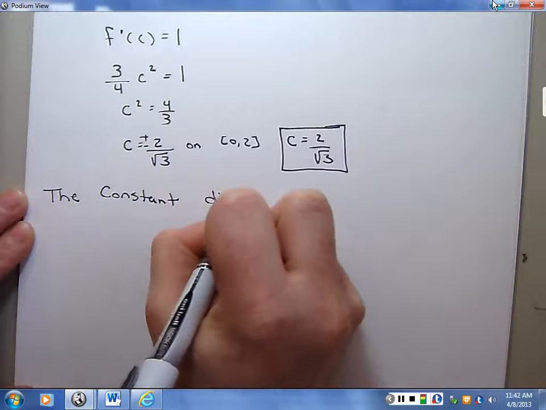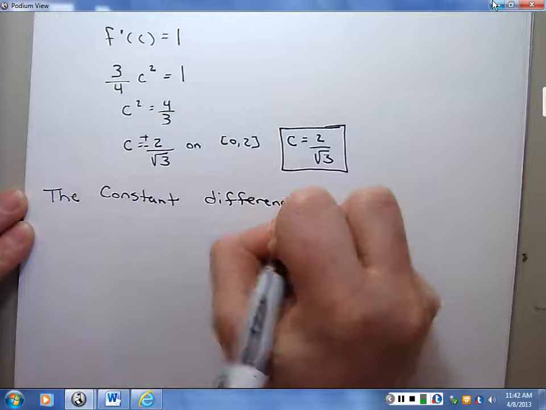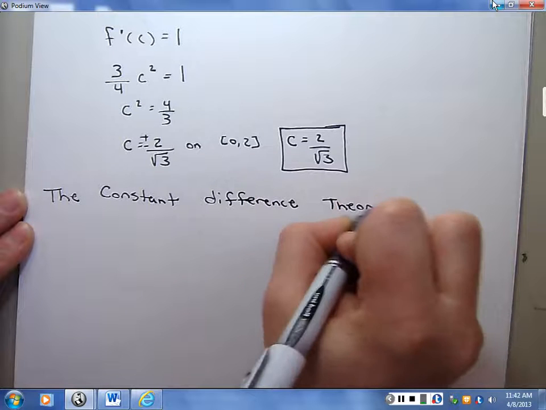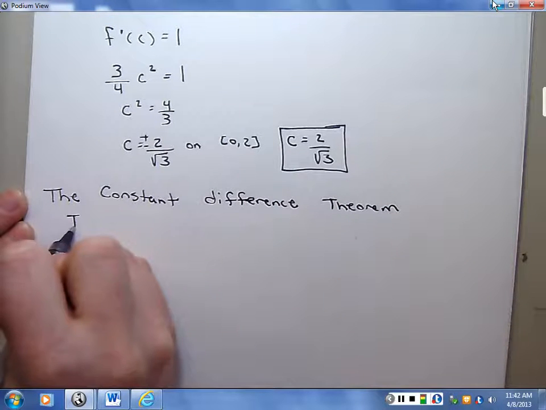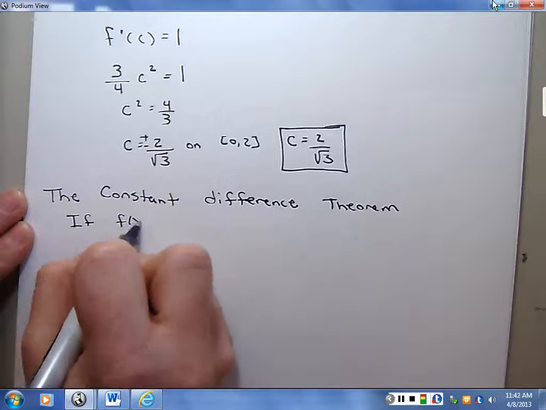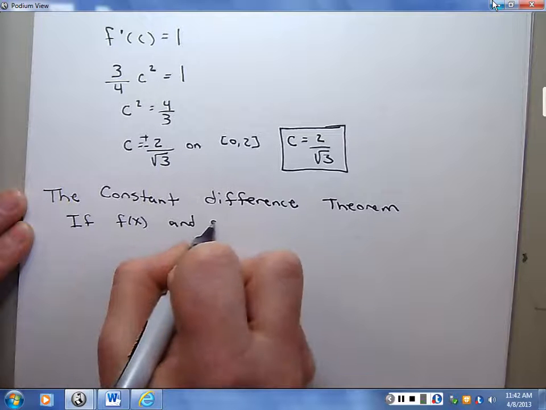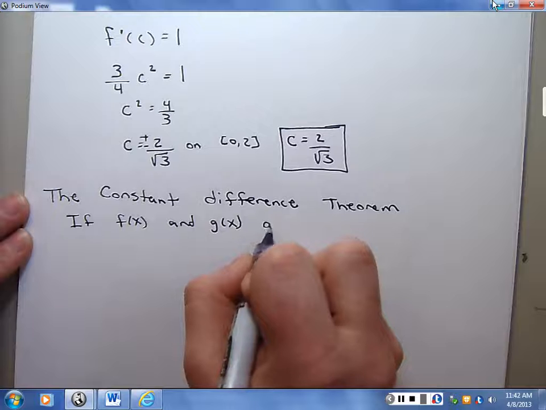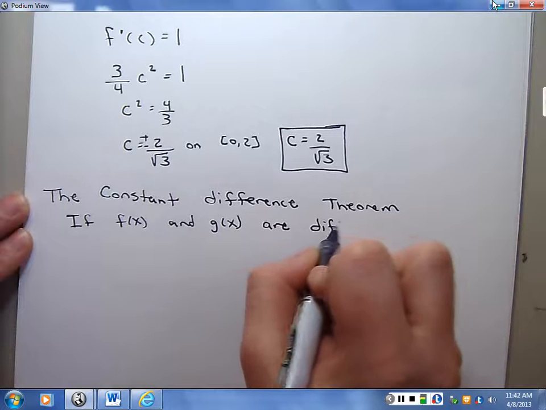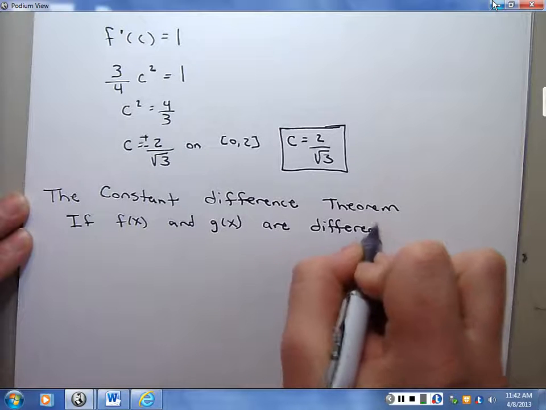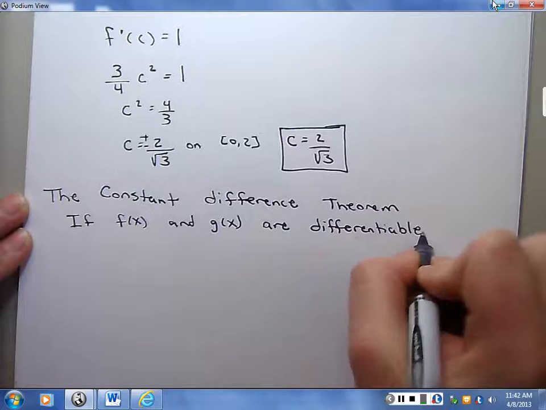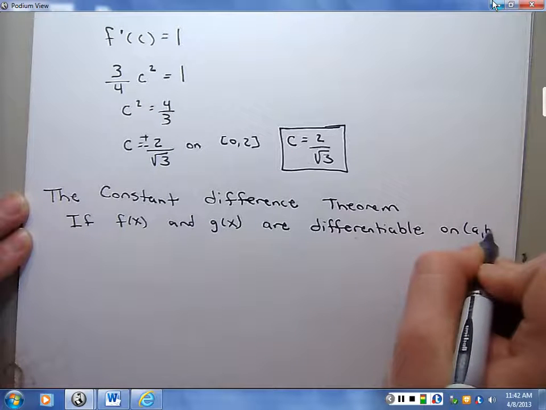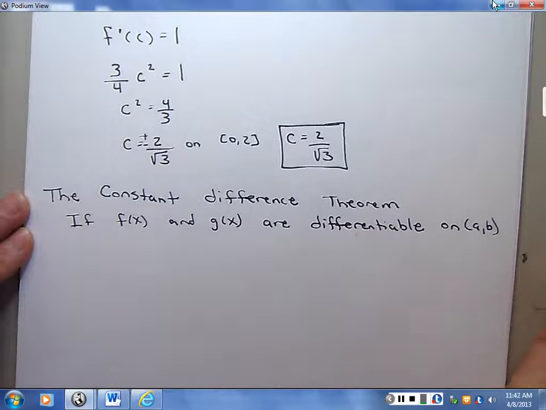Which will come up in Chapter 5 and in Calc 2. So let's say we have f of x and g of x. We're assuming they're differentiable on a closed or an open interval a, b.